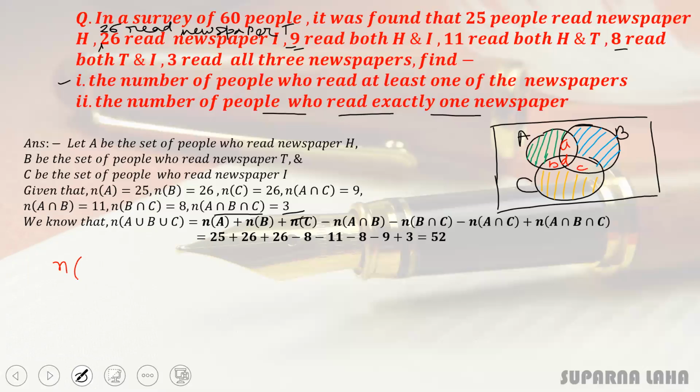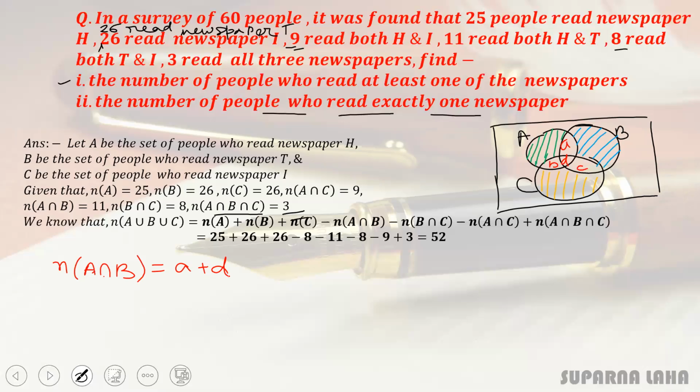The number of elements in A intersection B is given by A plus D, since D is the common portion between the 3 intersections, A intersection B, B intersection C, and A intersection C also.